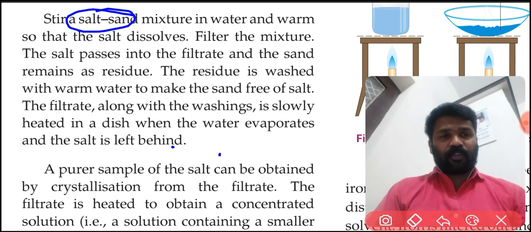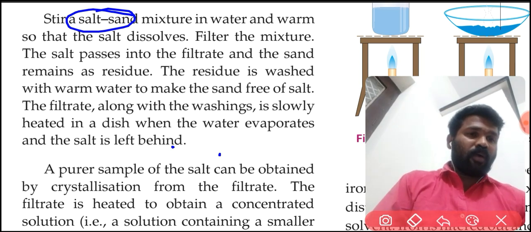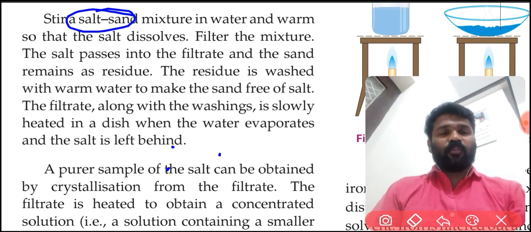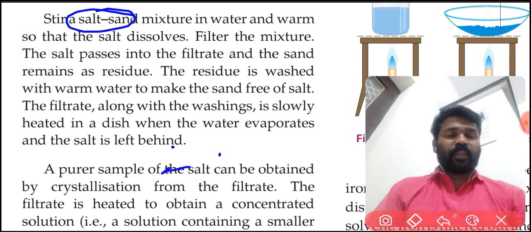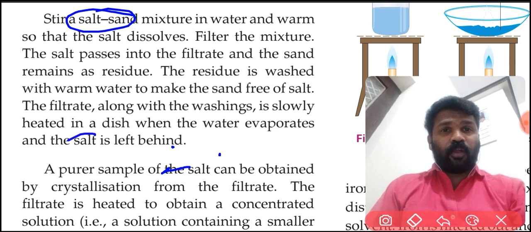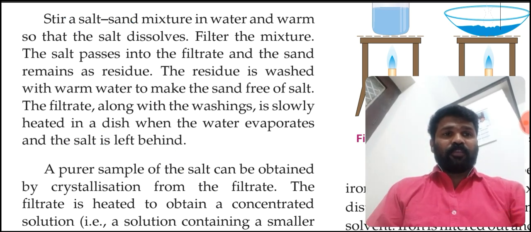We have to heat the solution which we got as filtrate till the end of the water. Then what will remain back there? The salt will remain back. Okay students, this is the process.